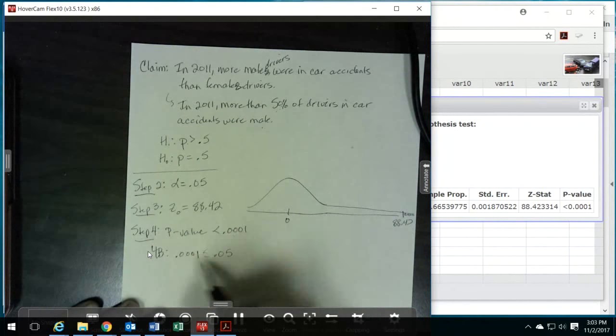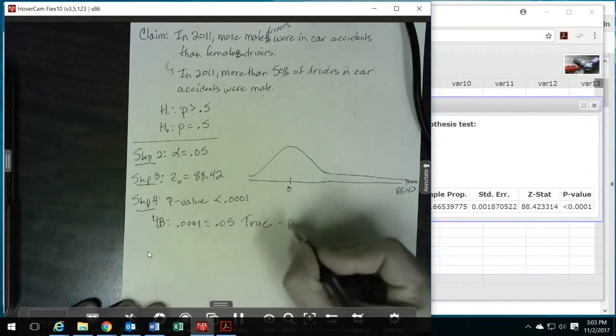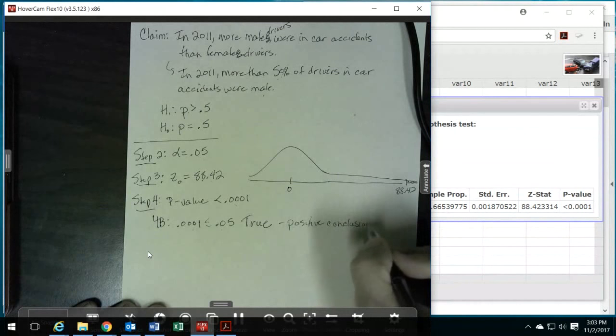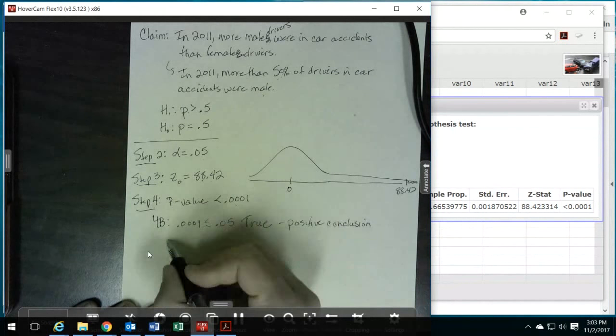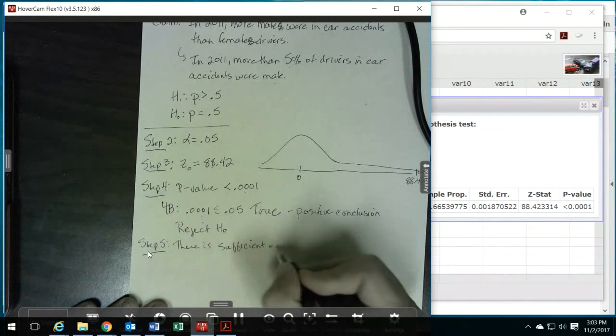Okay, so is this true? Yes, it is. And then our conclusion is going to be a positive one. So we're going to have that we do reject the null hypothesis. For step 5, we're going to say there is sufficient evidence to support our original claim.